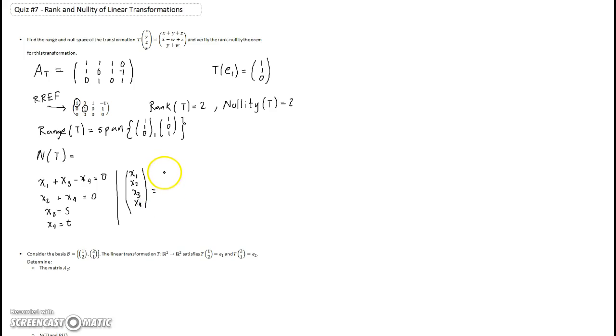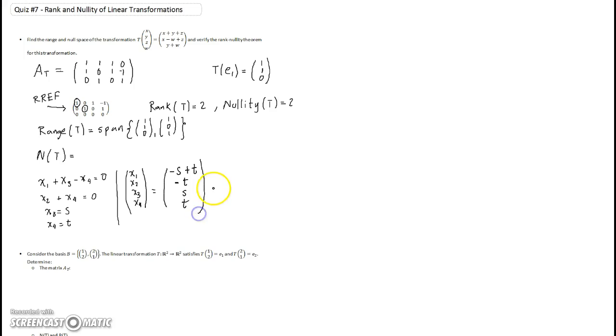And what I obtain then is negative x3, but x3 I'm going to substitute with s, plus x4, which I'm going to substitute with t. I'm taking this from this equation right here. x2 is going to be negative x4 from this one, so it's going to be negative t, and then x3 is just going to be s, and x4 is going to be t.